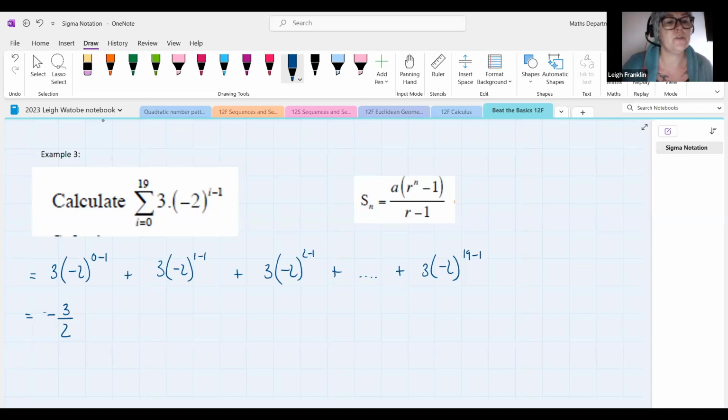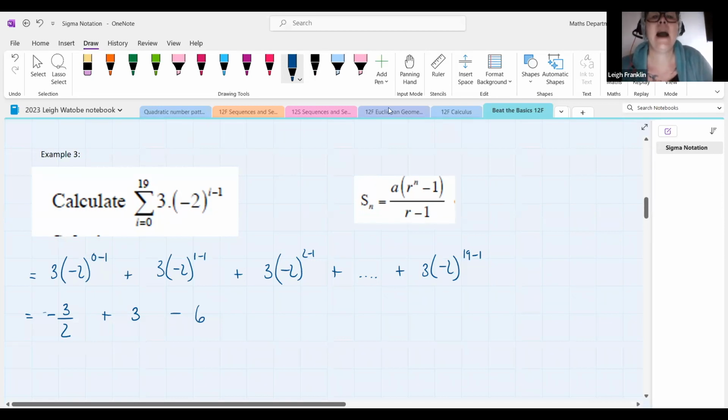Minus 3/2. Okay, the next term is 3, agreed. The next term is minus 6. Okay, so can you see in this particular pattern, our signs are alternating.